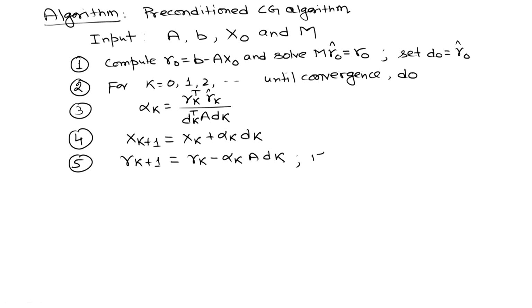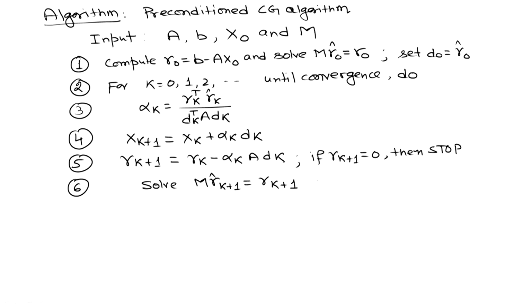Here, if r k plus 1 equals 0, then stop. Otherwise, go to step 6, again solve M r k plus 1 cap equals r k plus 1, and from here find r k plus 1 cap with the help of M and r k plus 1.